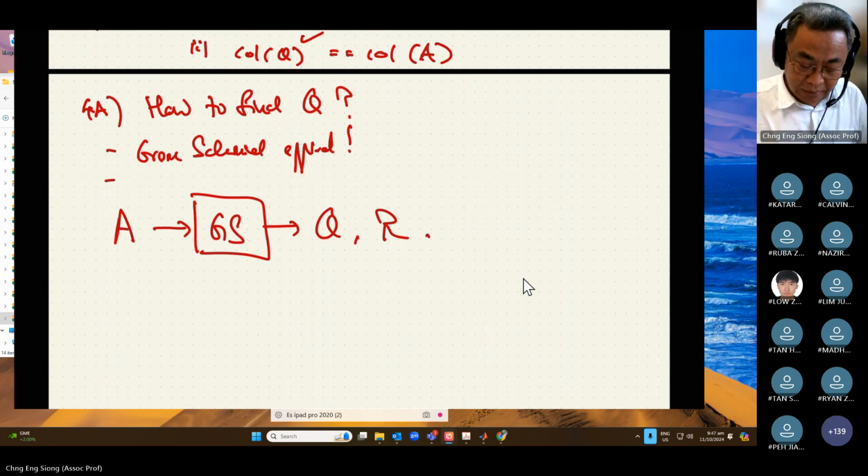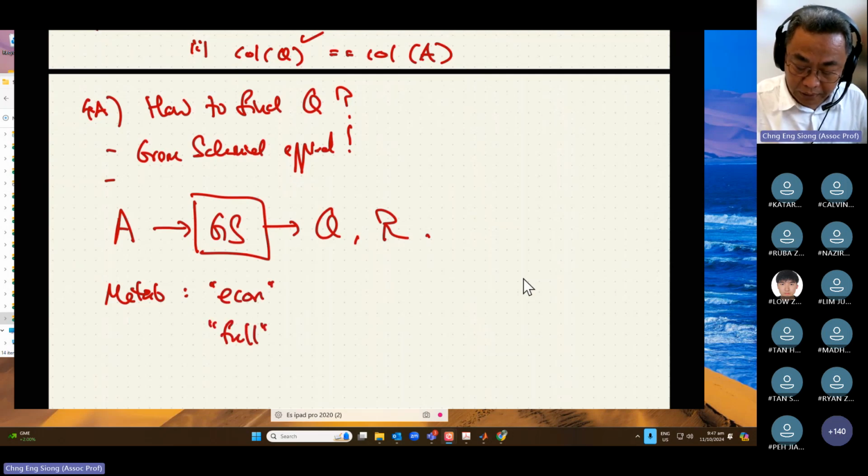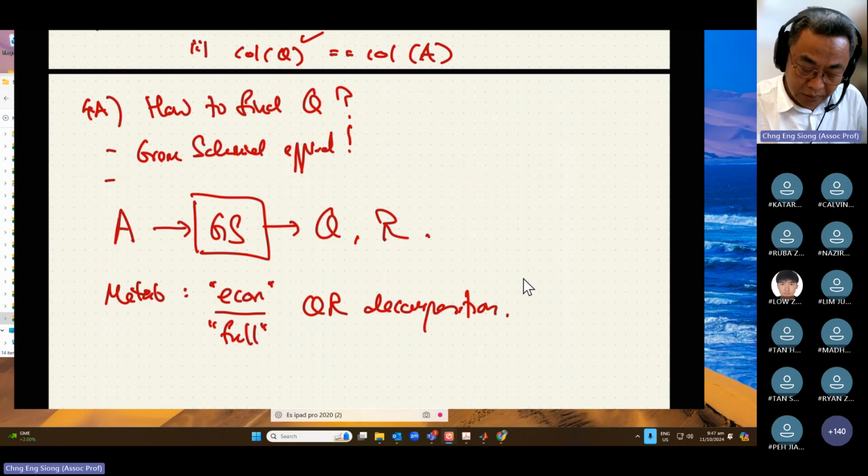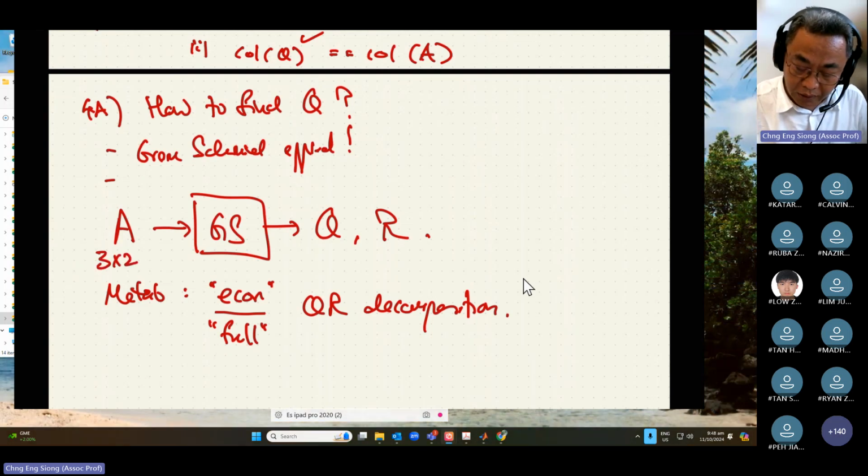Now I'm going to show you MATLAB. MATLAB can perform economical or full QR decomposition. Let us see the economical first. In the economical, if A is 3 by 2, then Q is 3 by 2 and R is 2 by 2.